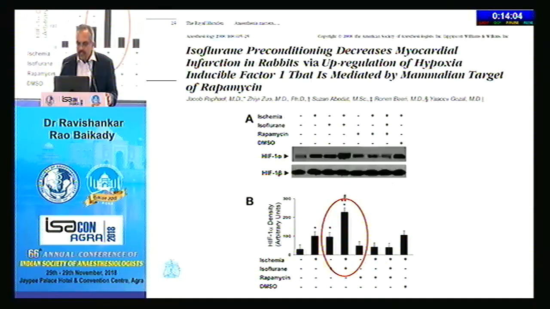That can cause metastasis. These are some of the original works from the last few years, showing that if you give isoflurane, it decreases myocardial infarction in rabbits and probably upregulates the hypoxia-inducible factor, which is one of the adaptabilities when there is tissue hypoxia.